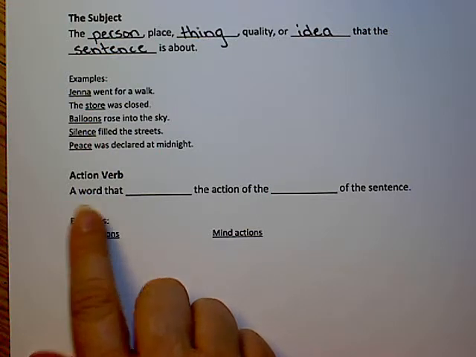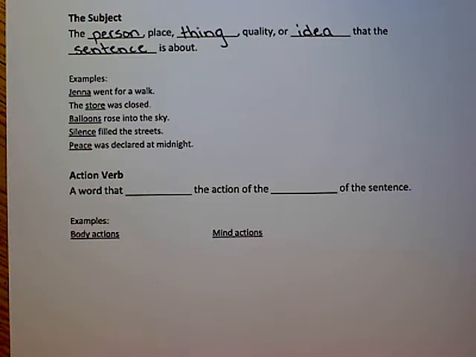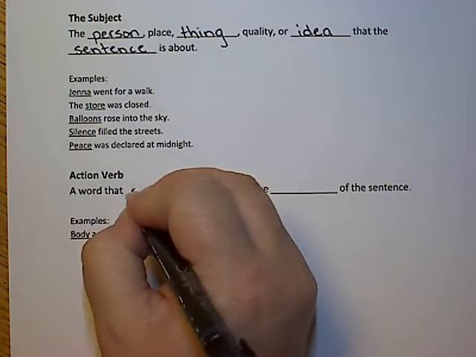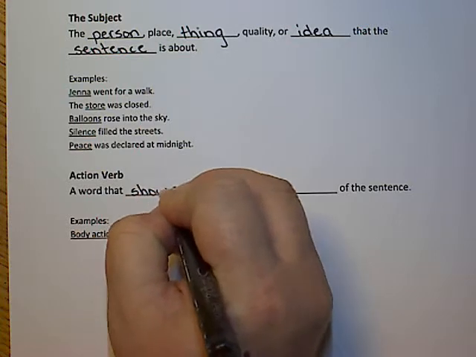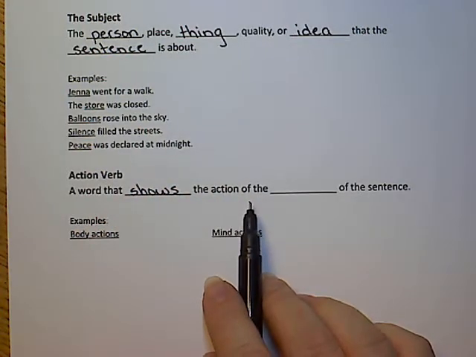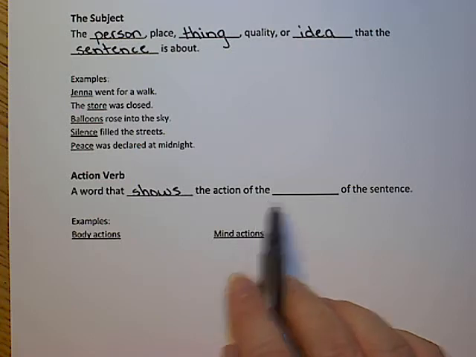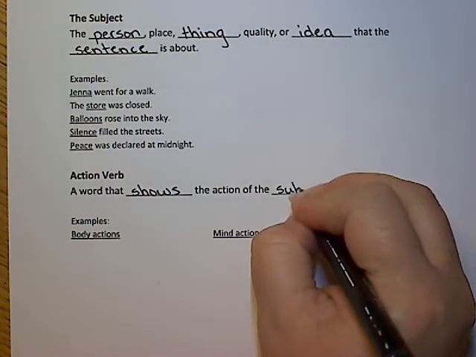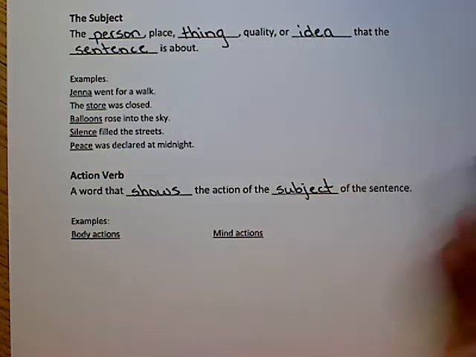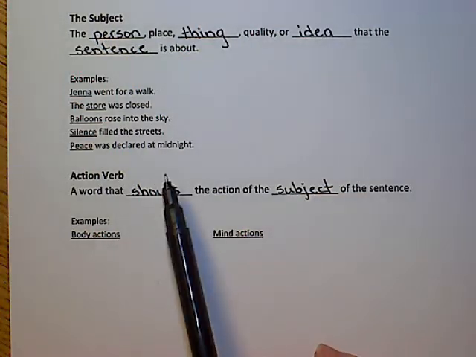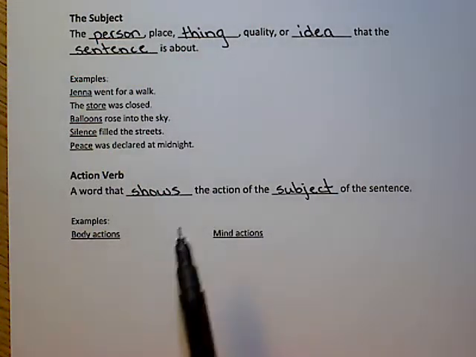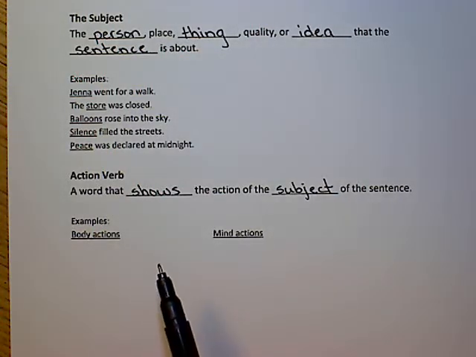Now just remember, an action verb is a word that shows the action of the subject of the sentence. Okay, so we want to make sure that we're showing the action of the subject of a sentence. That's the other important part that we have with a sentence when we're creating one.